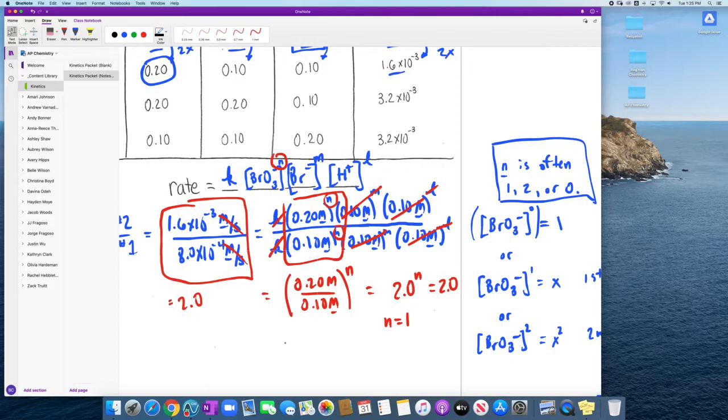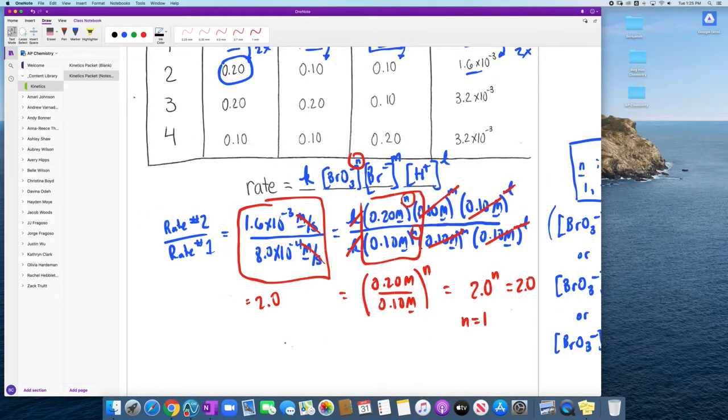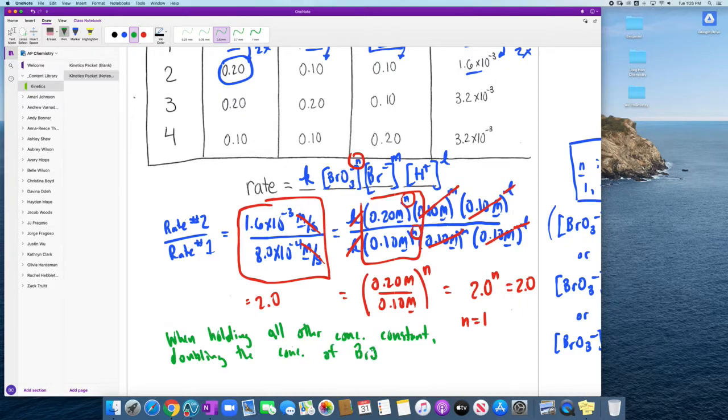Okay, now the way that you could state it in words if you wanted to go that route, you could say simply, when holding all other concentrations constant, doubling the concentration of bromate ion doubles the rate of reaction.